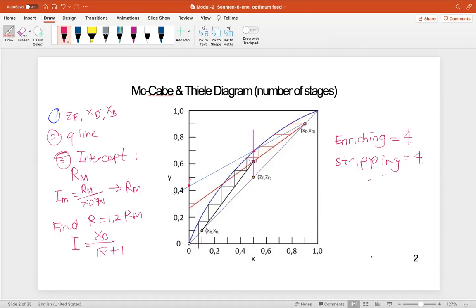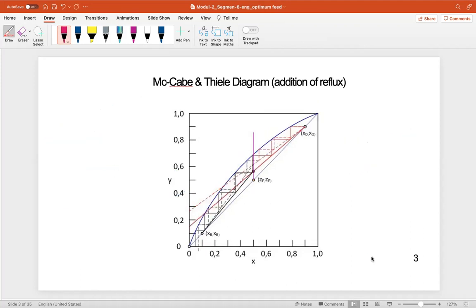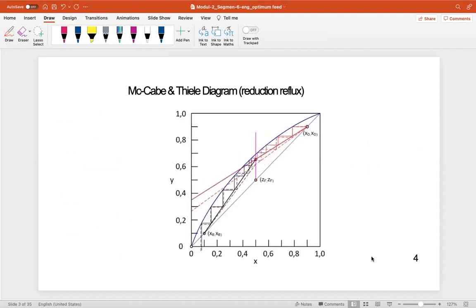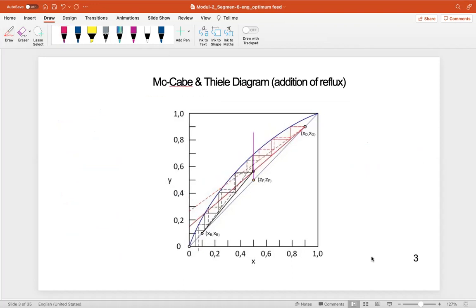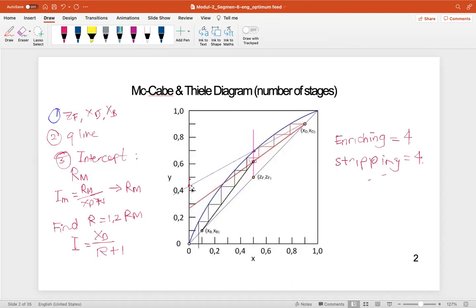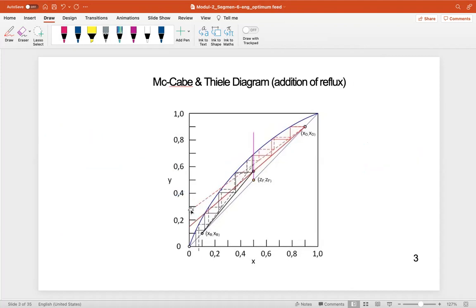Now let's continue. What happens if we increase the reflux? I told you this before. From here, if it starts from, for example, 0.2 something, if you increase the reflux, it goes down there.